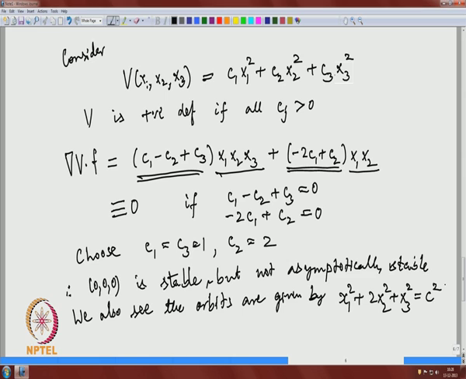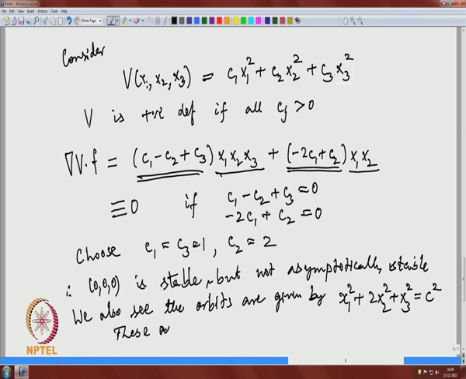Okay. Again, when c is equal to 0, we get the equilibrium point, and when c is positive, these are all ellipsoids. Here it is much easier to recognize than the previous example, where it was x1 to the 4 plus x2 to the 4 equal to c to the 4, but this one has only quadratic terms. So, we know what this represents.